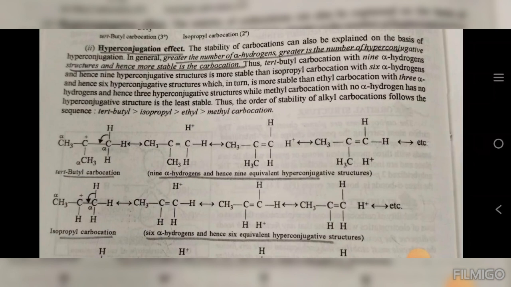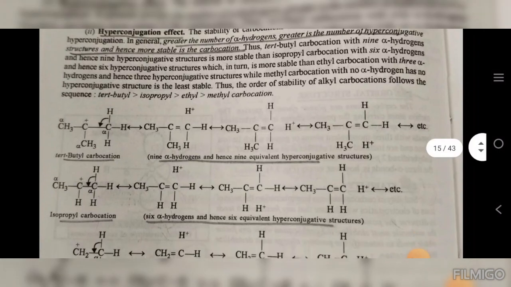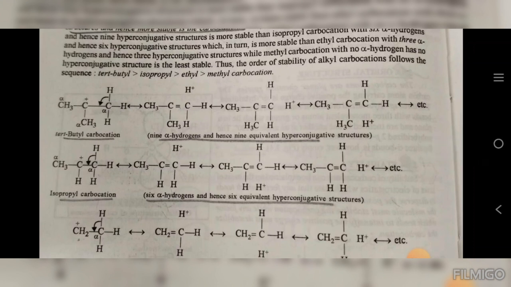Thus, tertiary carbocation with 9 alpha hydrogens and hence 9 hyperconjugative structures is more stable than isopropyl carbocation with 6 alpha hydrogens and hence 6 hyperconjugative structures, which in turn is more stable than ethyl carbocation with 3 alpha hydrogens and hence 3 hyperconjugative structures, while methyl carbocation with no hyperconjugative structures is the least stable. Thus, the order of stability of alkyl carbocations follows the sequence tertiary butyl > isopropyl > ethyl > methyl carbocation.